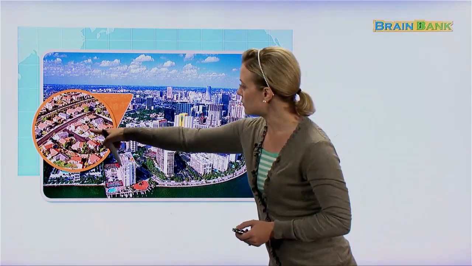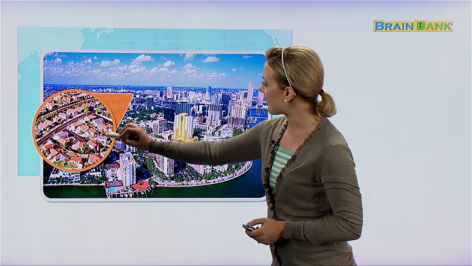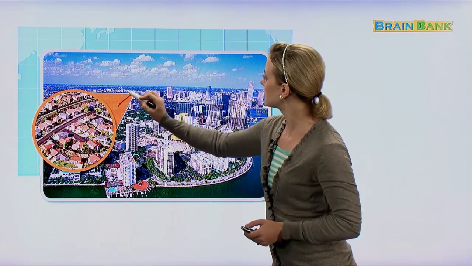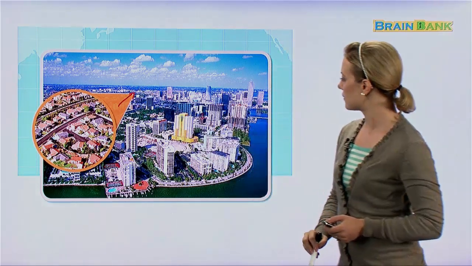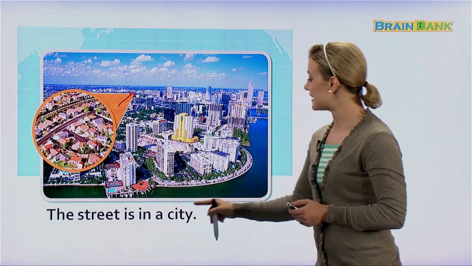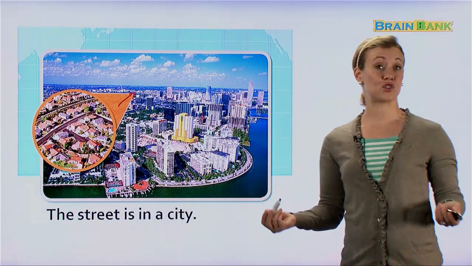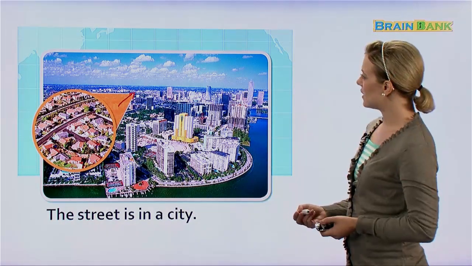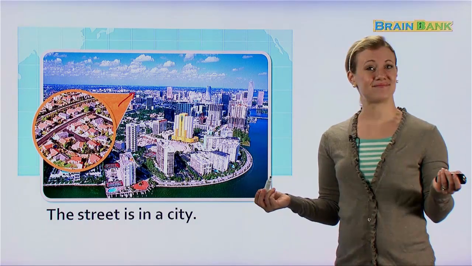So that was her house on the street, and they're saying that that street is right over there. Okay, so the street is in a city. The street is in a city. Do we know which city?